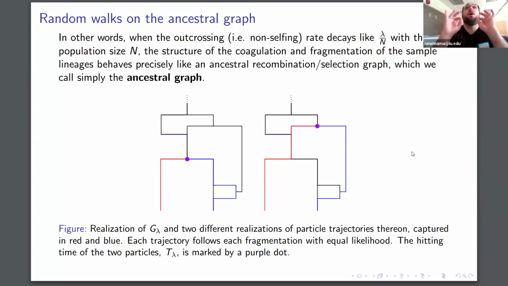And so if all of the possible trajectories of the sample lineages just behave like it follows each fragmentation, each edge emanating from a fragmentation with equal likelihood, and it follows the coagulations in probability 1, it should look exactly like a random walk on the ancestral graph.